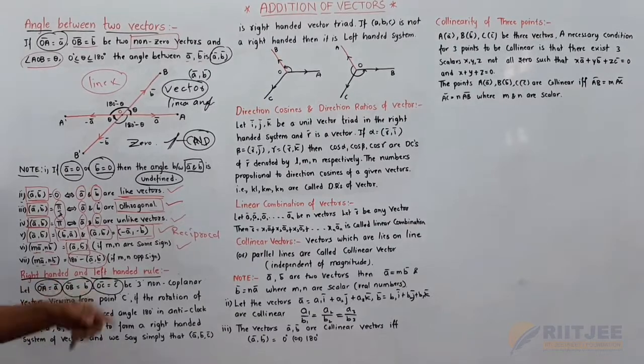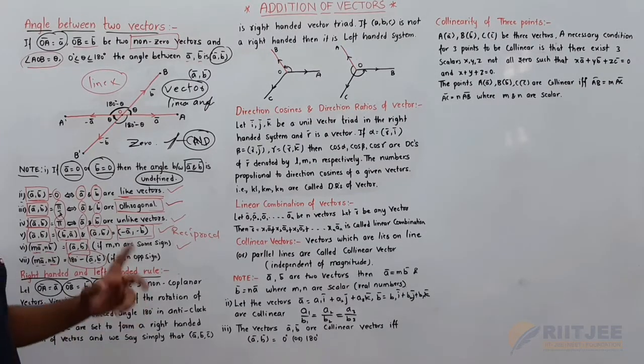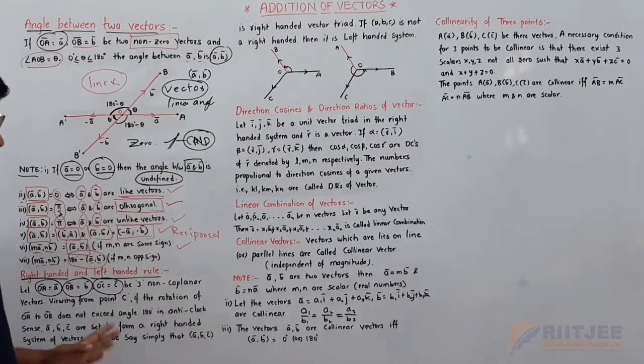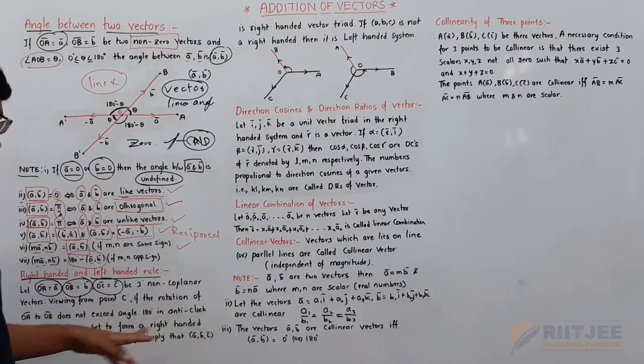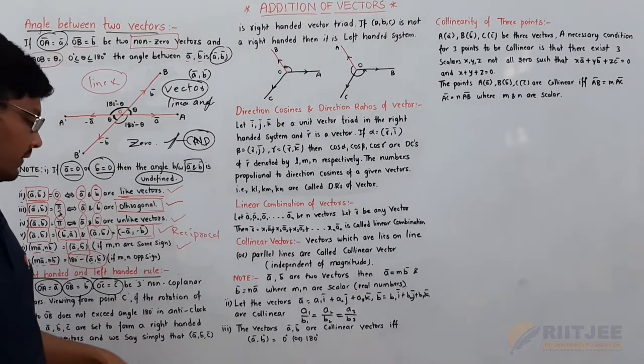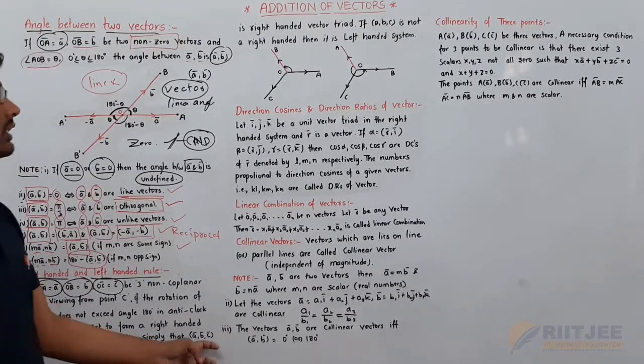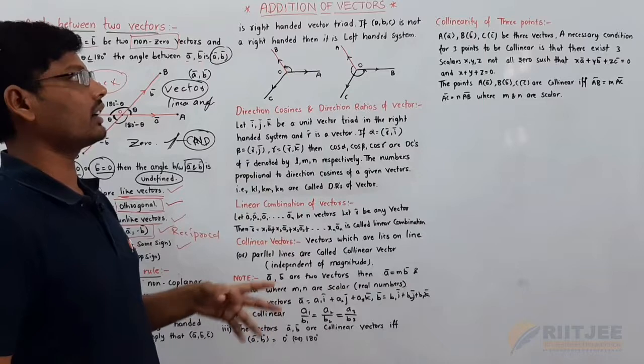Here we have three vectors, and viewing from point C, if the rotation from OA to OB does not exceed 180 degrees anti-clockwise, then a bar, b bar, c bar are said to form a right-handed system of vectors, and we can say that the set of a bar, b bar, c bar is a right-handed vector triad.